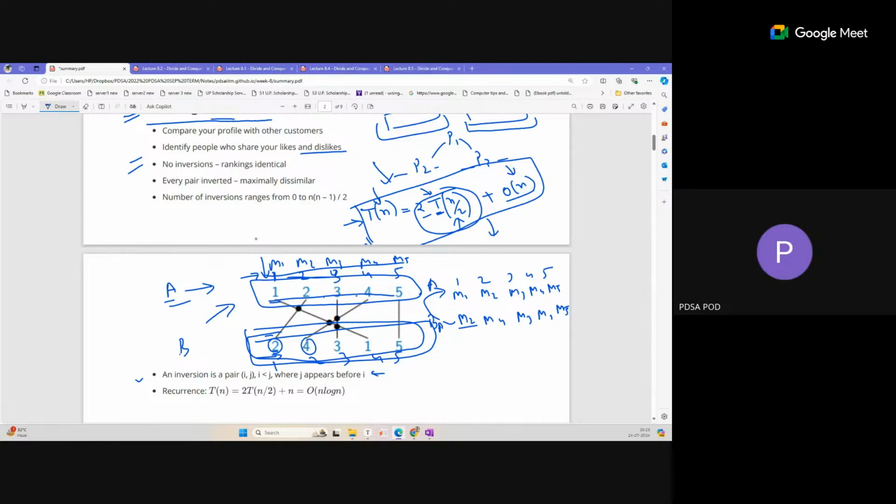If the rankings of A and B are very similar, then whatever other movie A actually likes, we can suggest that movie to B also, because the interests of A and B look similar. So based on the interest, we can suggest movies to B which A actually likes.